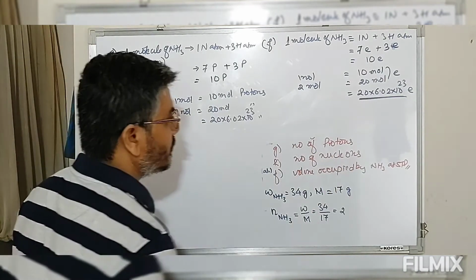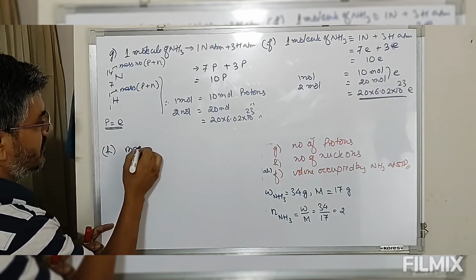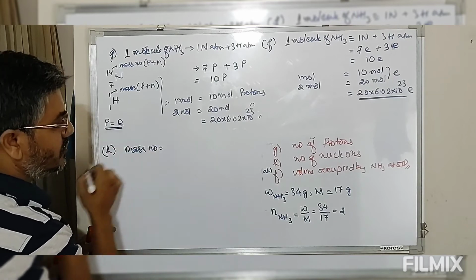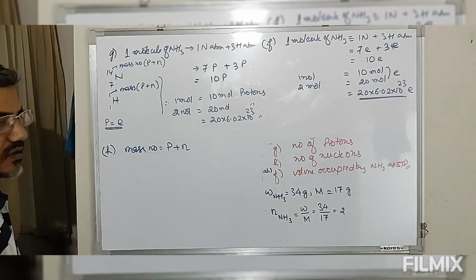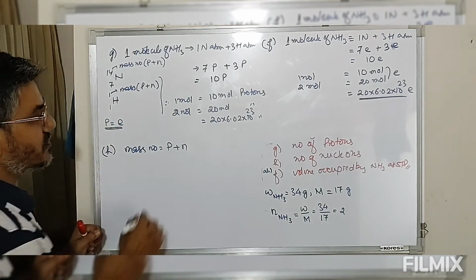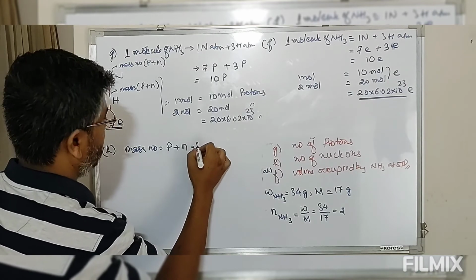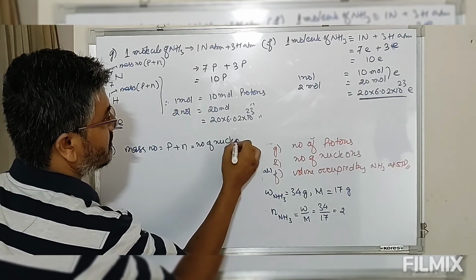Then we have number of nucleons. So mass number is equal to number of protons plus number of neutrons, which is equal to the number of nucleons.